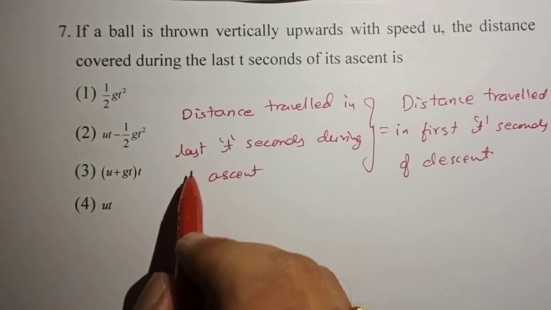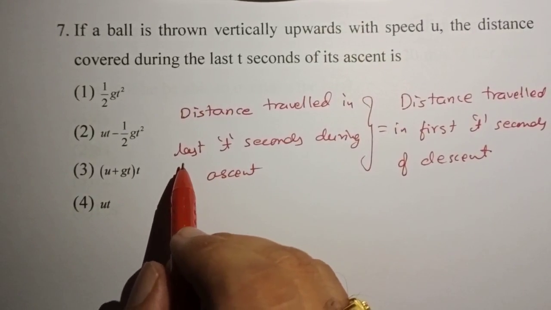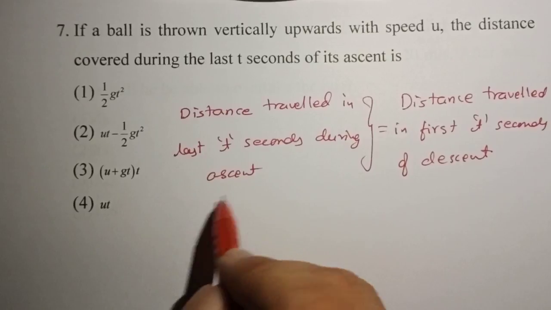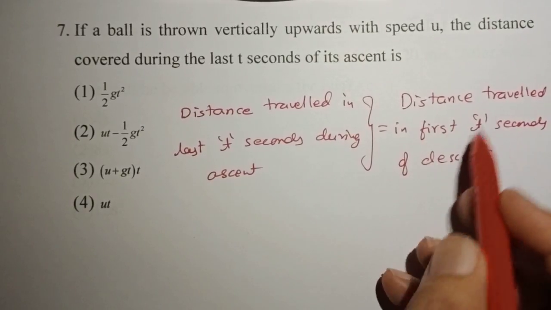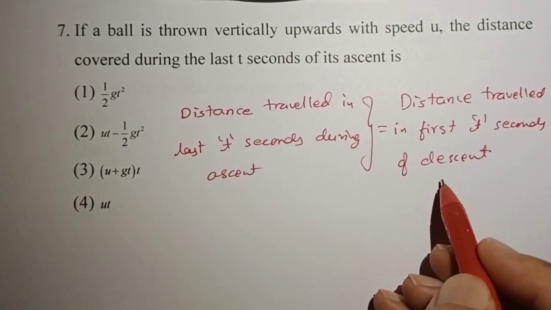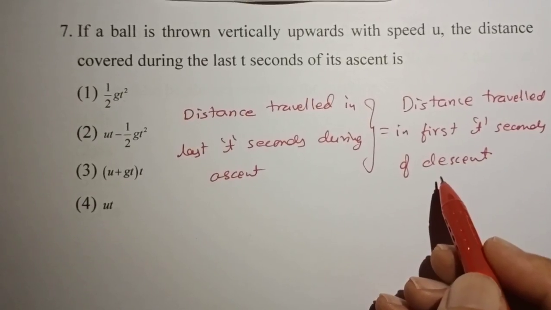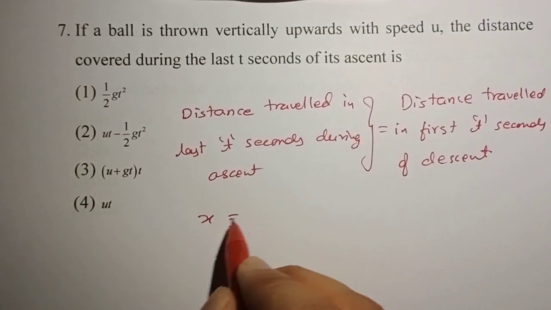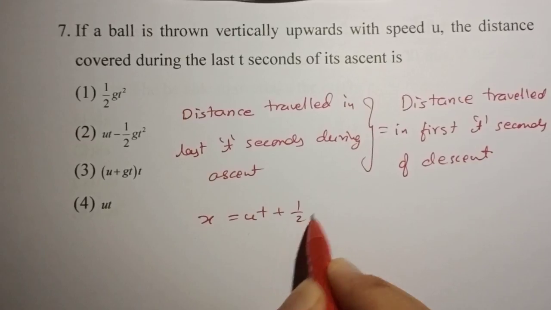So instead of calculating the distance traveled in the last t seconds during ascent, we will calculate the distance traveled in the first t seconds of descent. We use x equal to ut plus half at square.